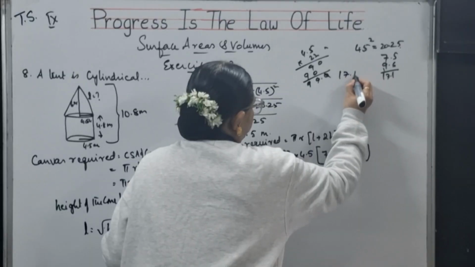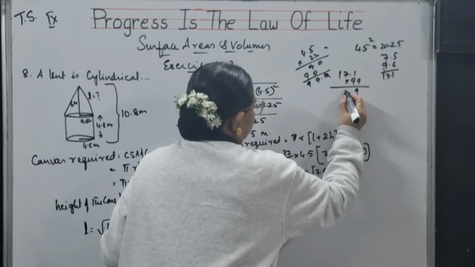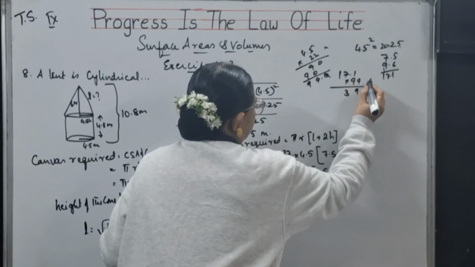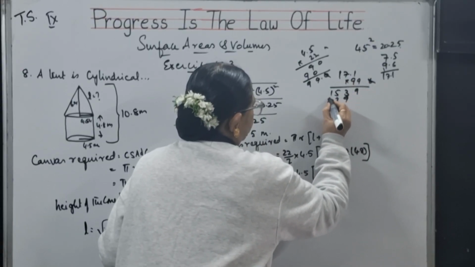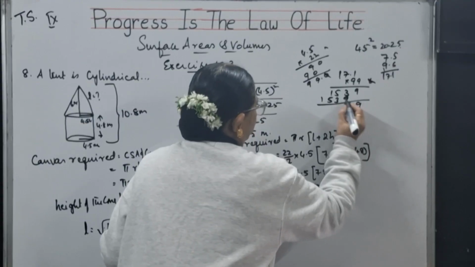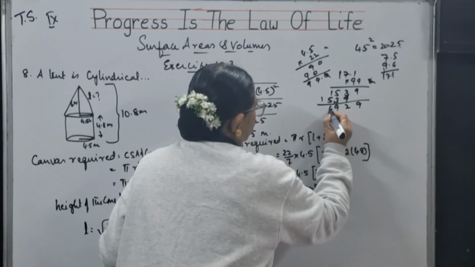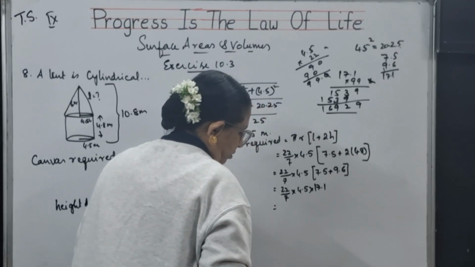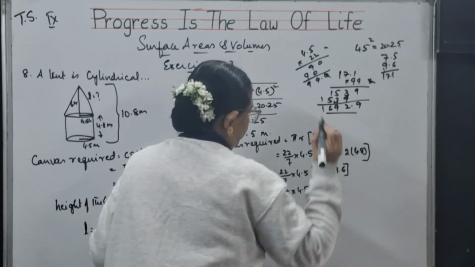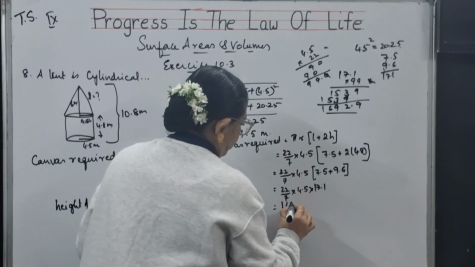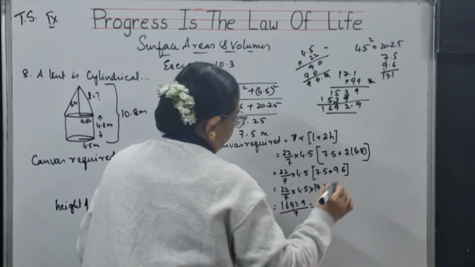17.1 into 99. I'm getting 1692.9. So 1692.9 divided by 7.